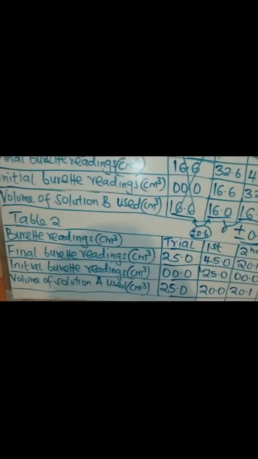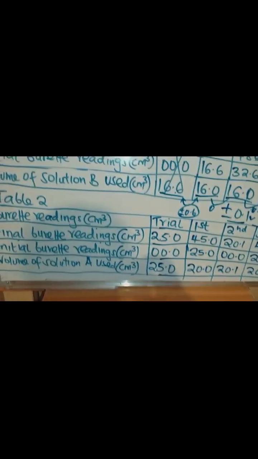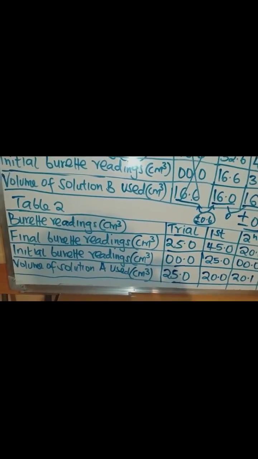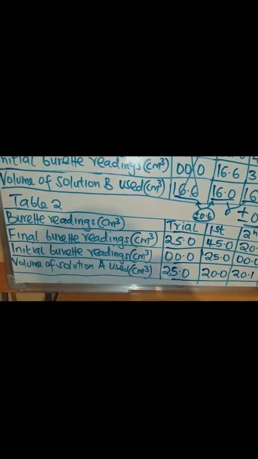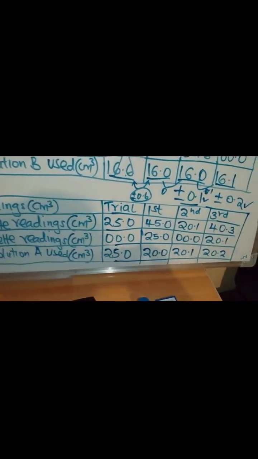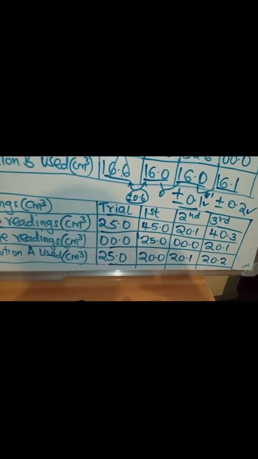So we go to the second table. In the second table, we have final burette readings, initial burette readings, and the volume of solution A used. Then you have the trial, the first, the second, and the third.